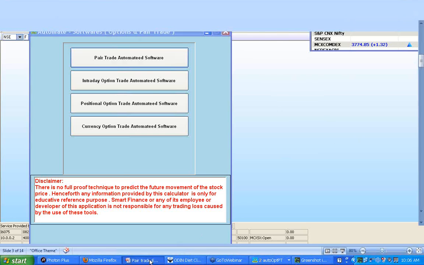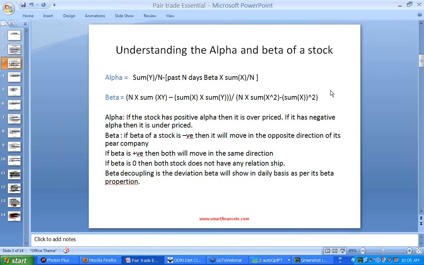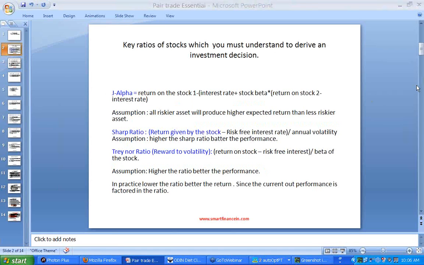So let us move on with this part. What we have done here is we have understood beta and all these ratios, whatever they are doing. So how will we take a call on this?